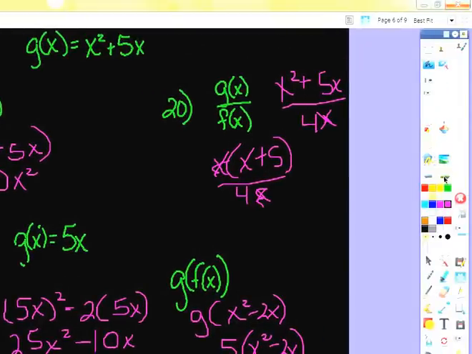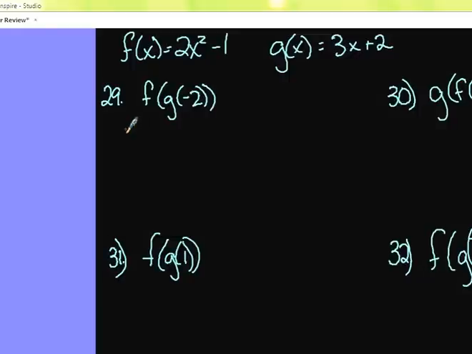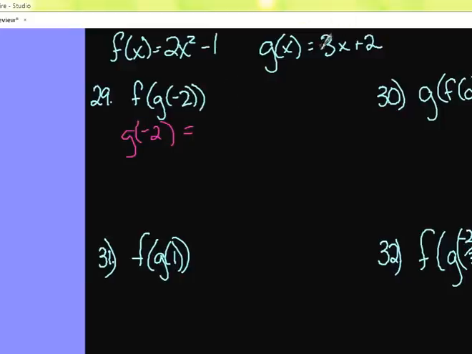They usually aren't. And now number 29, I know we're skipping around a little bit, but 29, now we're going to just find it using a numerical value. So the first thing we're going to do is evaluate g of negative 2. And g of negative 2, let's do this in our head, is going to be 3 times negative 2, which is negative 6.